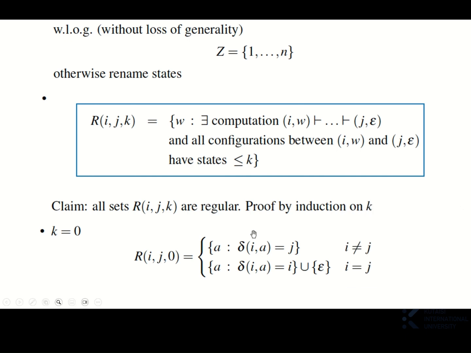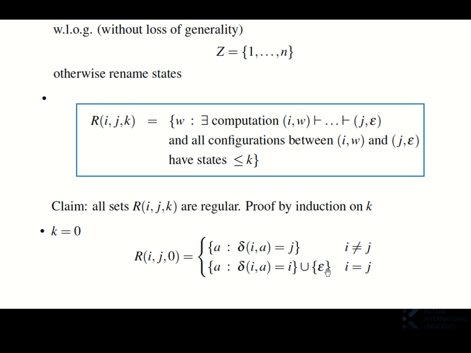So let's look at that. Let's say i equals j. If i equals j, then I read nothing, or it might be that a loop is happening, right? Maybe i equals j and I read one letter, a, let's say, or 0 or 1, and I went back. Then this letter will take you from i back to i without passing any other state.